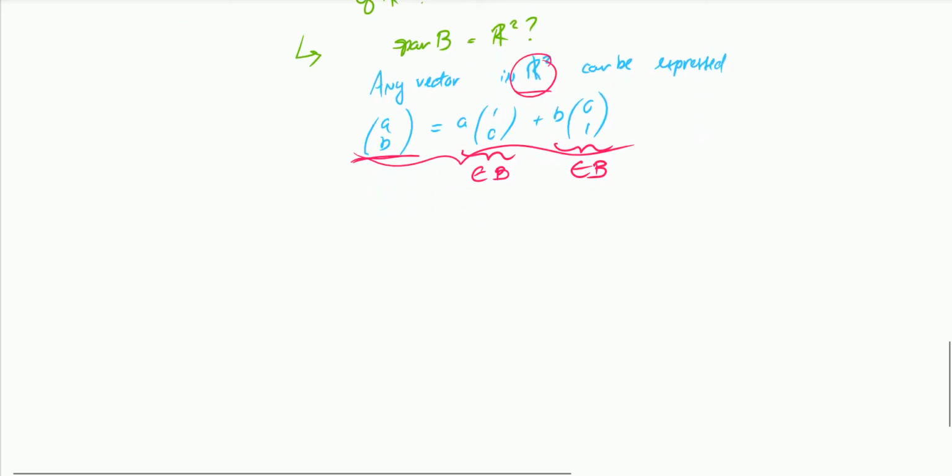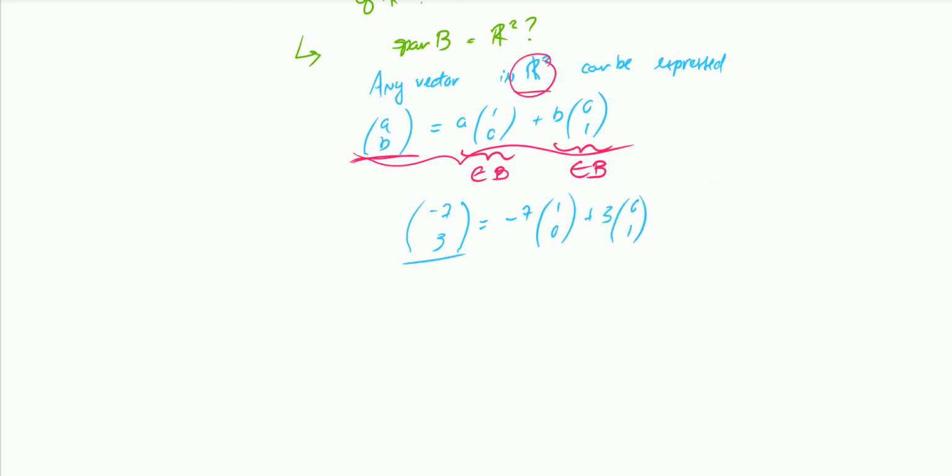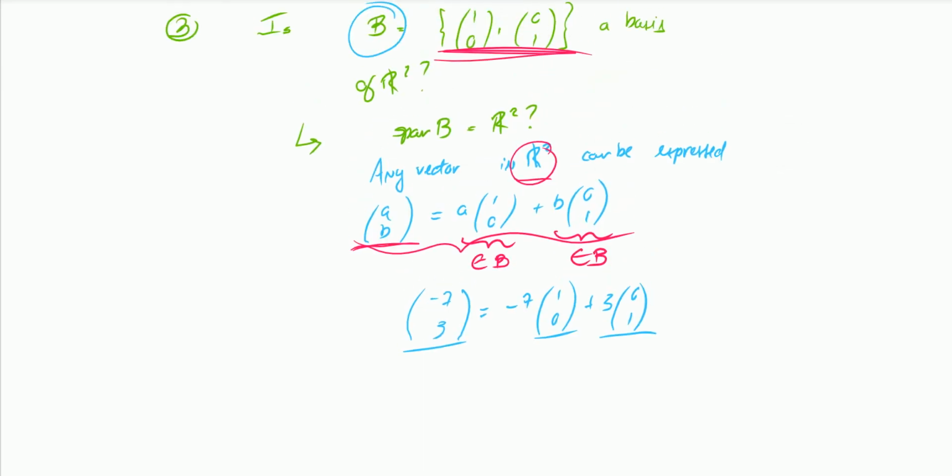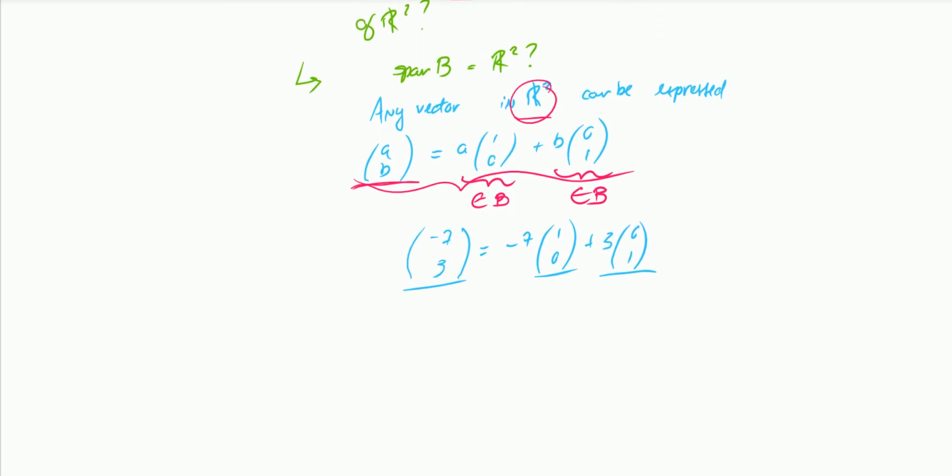I just want to give you an example. I know I talked about this before, but just to emphasize it. If I take, let's say, (-7, 3), I can write that as -7(1, 0) plus 3(0, 1). And so I've written (-7, 3) as a linear combination of (1, 0), (0, 1), in other words, as a linear combination of my set B. Similarly for anything, you can take (10, 11), or (20, 76), or anything.